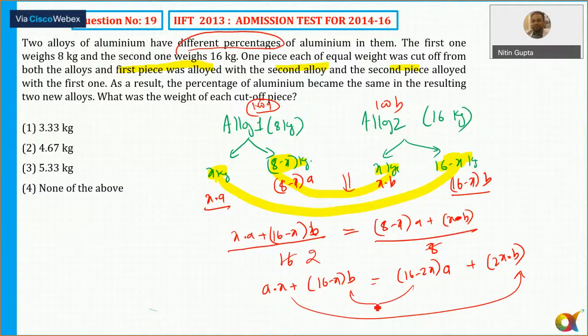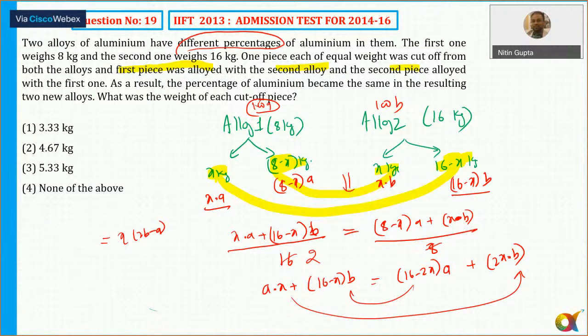So ये right hand side जाएगा, that is 2x into b minus ax. So x into 2b minus a, I think I'll get here. Or x into 2b minus a is equal to, in the right hand side also I'll get here 16 minus x as common and a minus b.